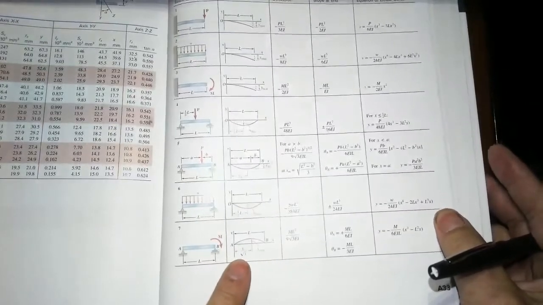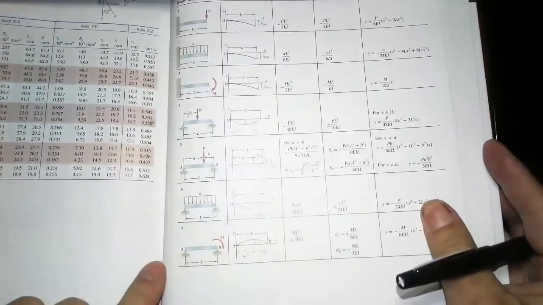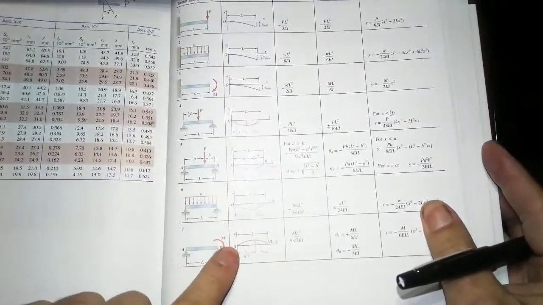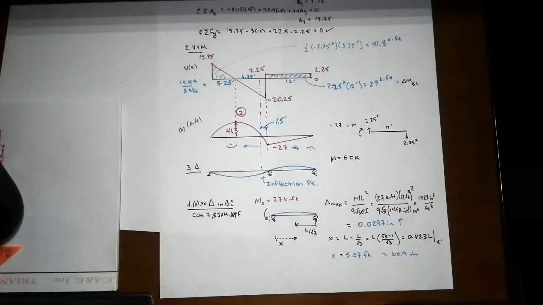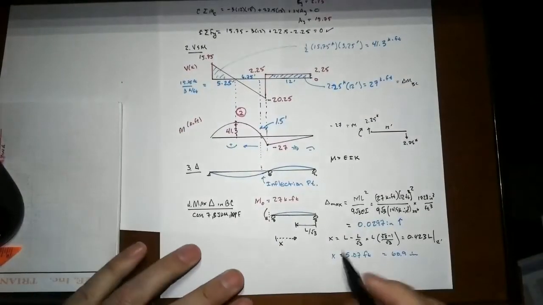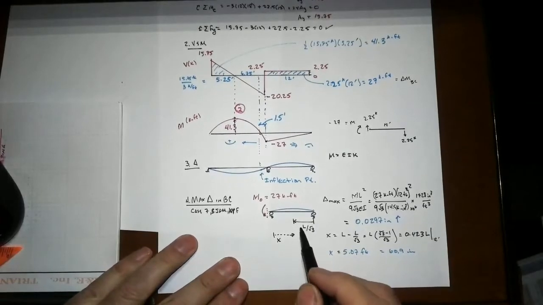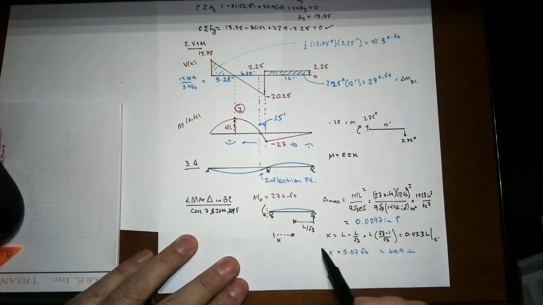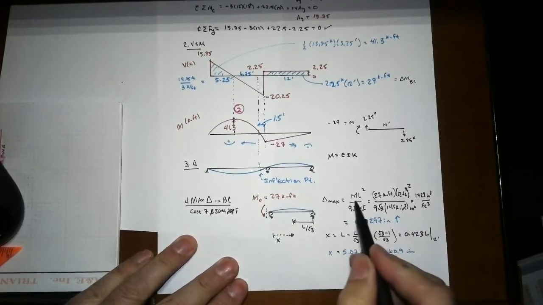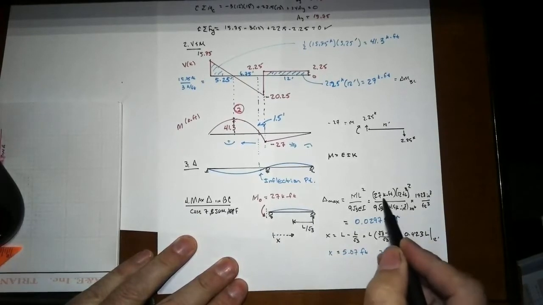The only tricky thing here is that they've got it dimensioned from the end that's opposite to the bending moment. So you do have to move things around a little bit to get them in the right location for how you want to communicate things. But the couple is here at the left, and so its value is the 27 foot.